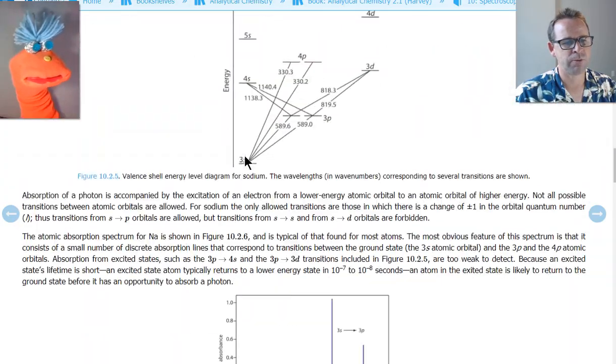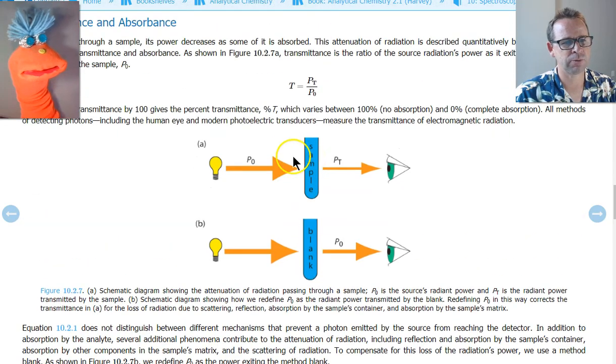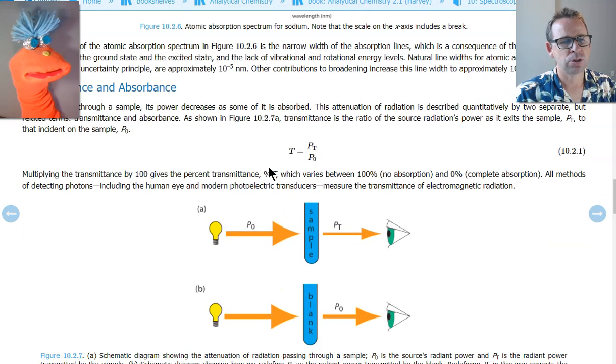Well, if we get way down here, we have our official explanation of the relationship between transmittance and absorbance. If I have a light source that's trying to travel through a sample, P0 represents the intensity of the light coming in, and PT represents the intensity of the light that made it through the sample.